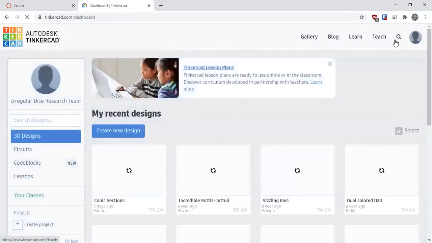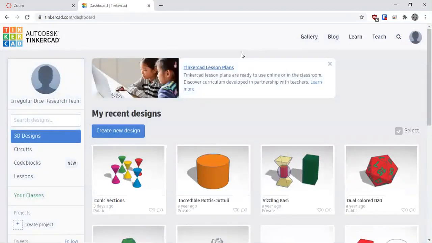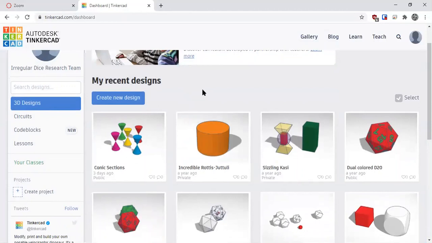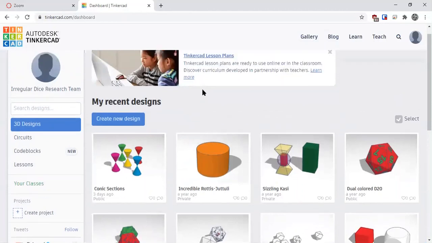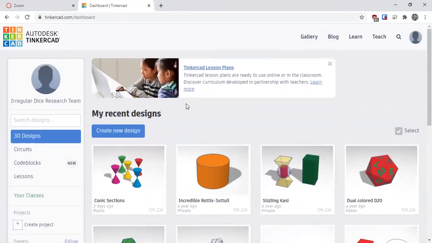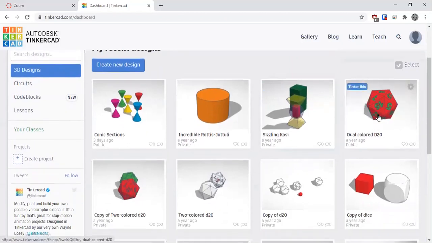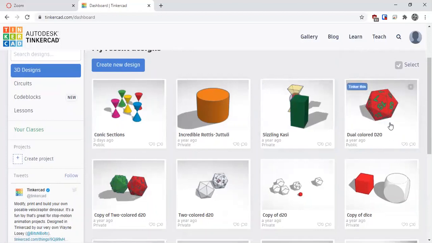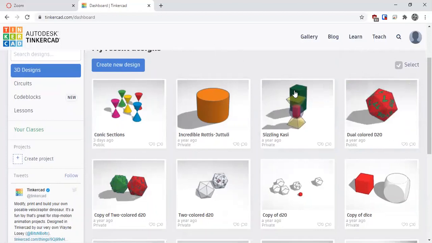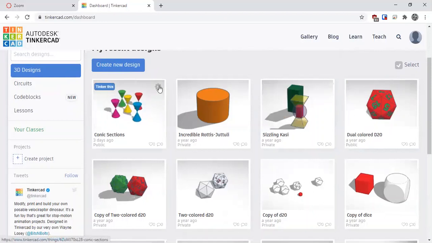Oh dang, I'm not logged in. I have a Tinkercad account. It's just online. It's for 3D printing. I do some 3D printing, and so I use this for that. For example, we did these D20 dice. If you want one of these, I can give you one if you come to my office. They're really cool.